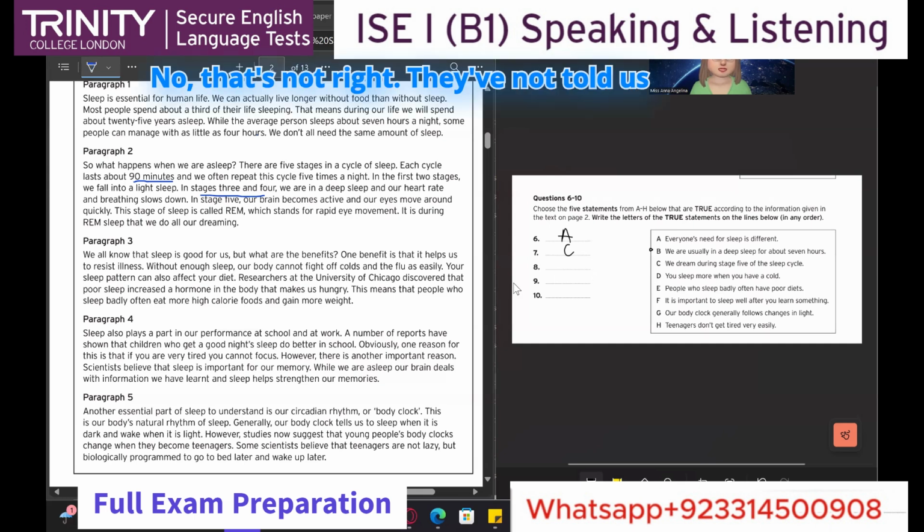No, that's not right. They've not told us anywhere that you sleep more when you have a cold. All right. Next one. People who sleep badly often have poor diets. Yeah, it's true. Yes, that's right.